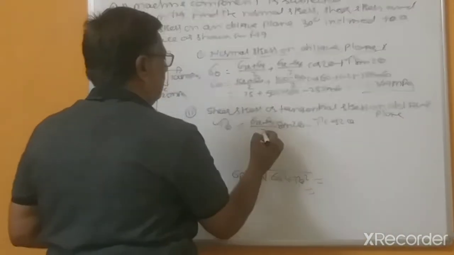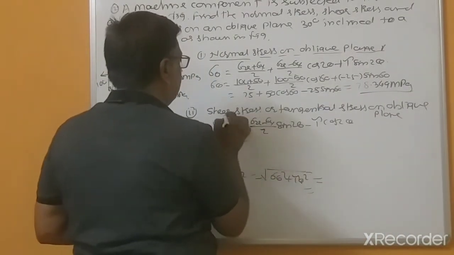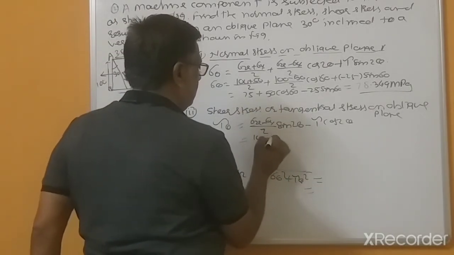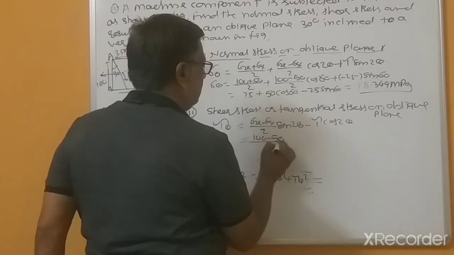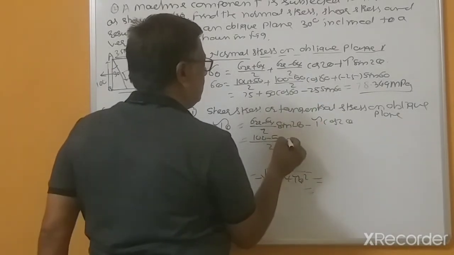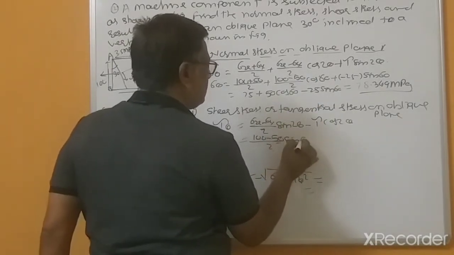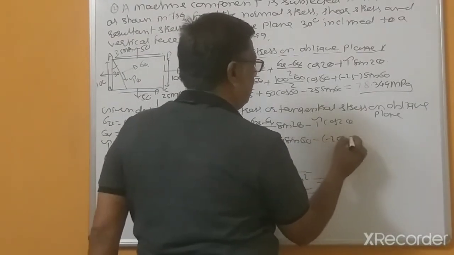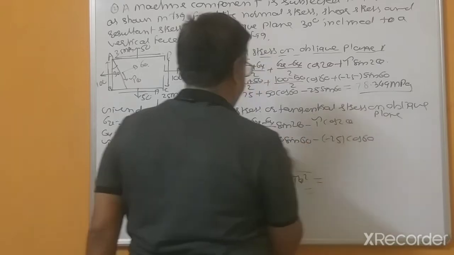Now tau theta equal to, this is shear stress on the tangential plane. This is 100 minus 50 divided by 2 sin 2 theta, sin 60, minus this is again minus 25 and this is cos 60.